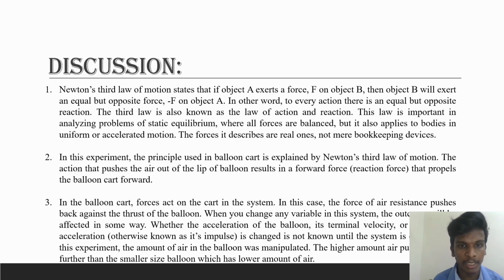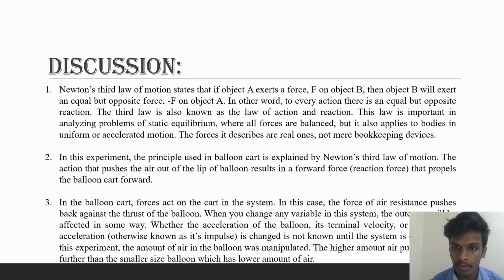In this experiment, the principle used in the balloon car is explained by Newton's third law of motion. The action that pushes the air out of the lip of the balloon results in a forward force, also known as the reaction force, that propels the balloon car forward. In the balloon car, forces act on the car in the system.